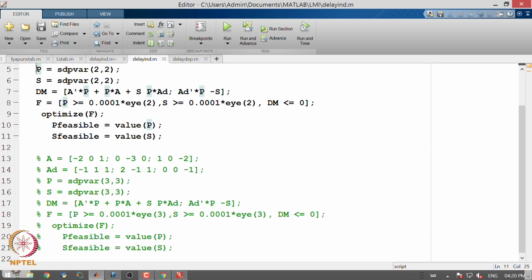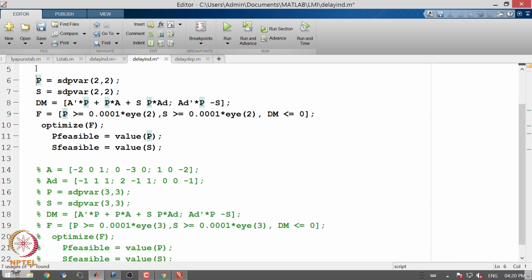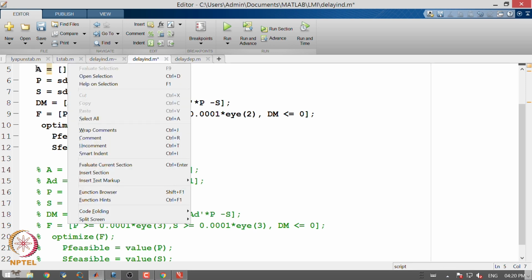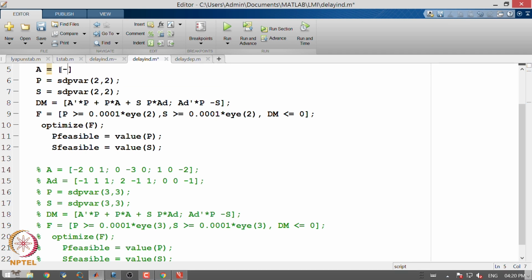Okay, I forgot to define the A. So my A was [-1, 0; 0, -2].